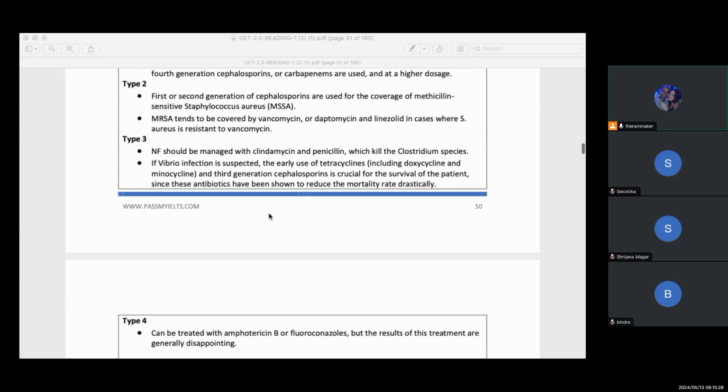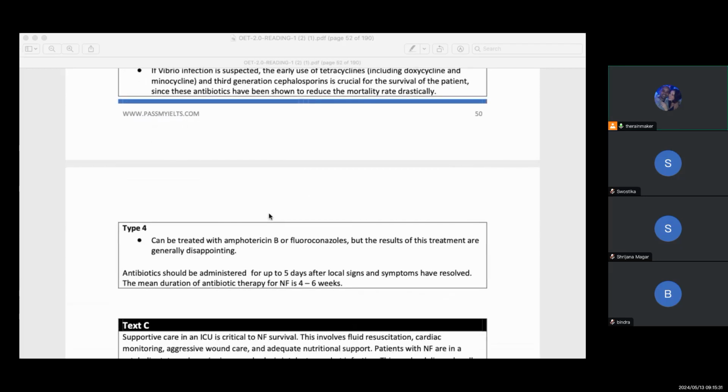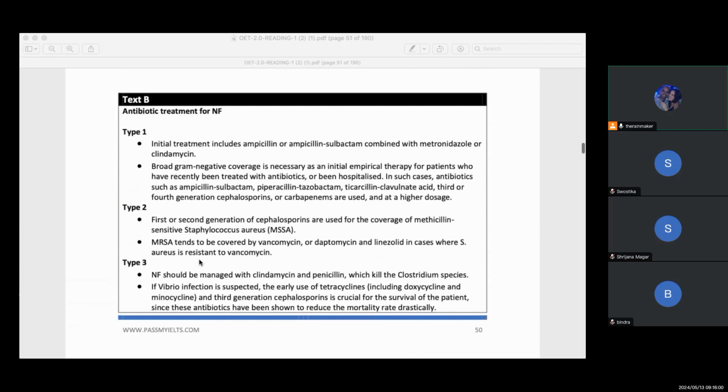Okay, so check here too, there's one more little paragraph, the type 4 as well. Yeah, so check. Here too we do not need to waste our time.